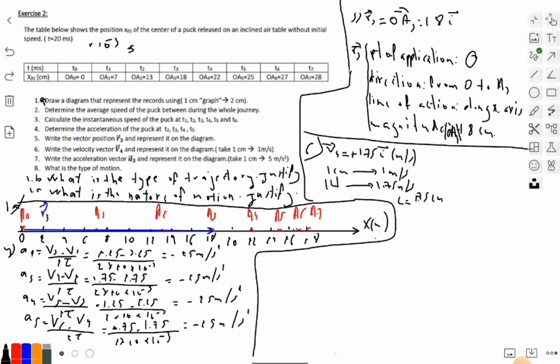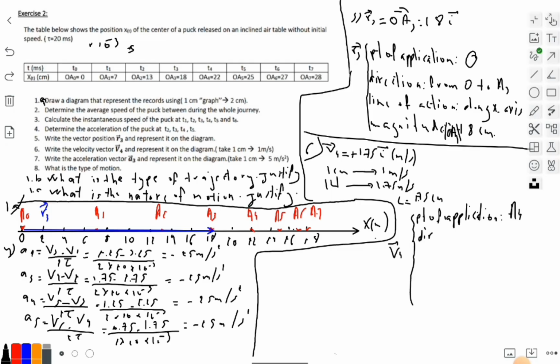Before the representation of V4, we write the characteristics of V4. Point of application: it's A4.